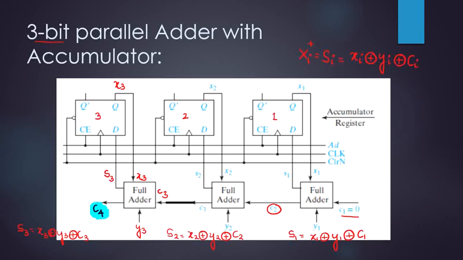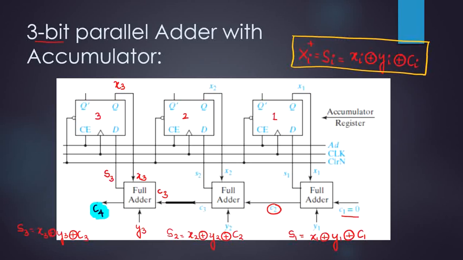This will be the general expression for the next state Xi plus, and this equation will be very important when we study the implementation using FPGAs and CPLDs. So you need to remember how we have obtained this equation for Xi plus.